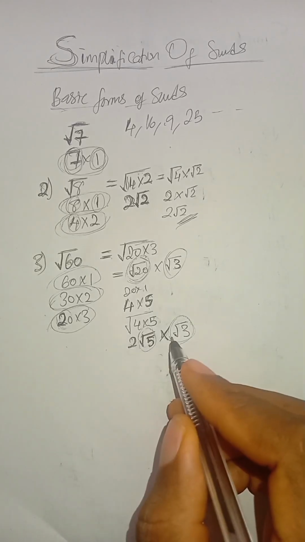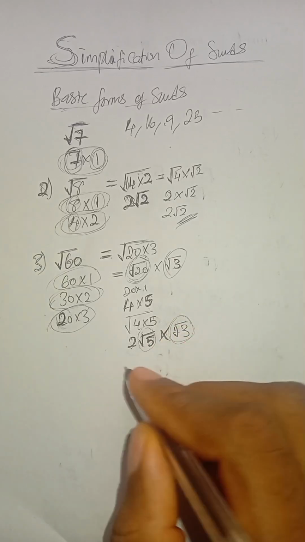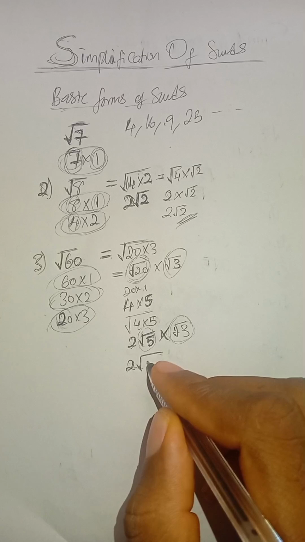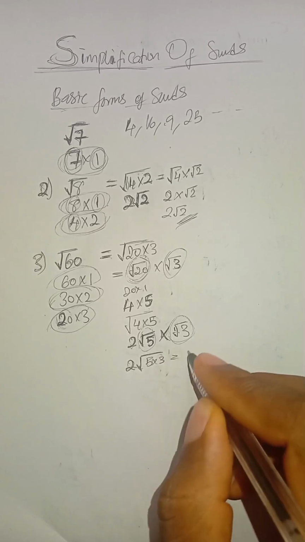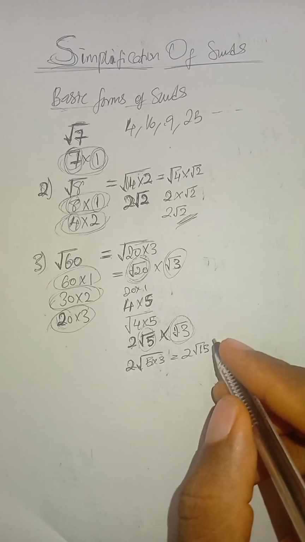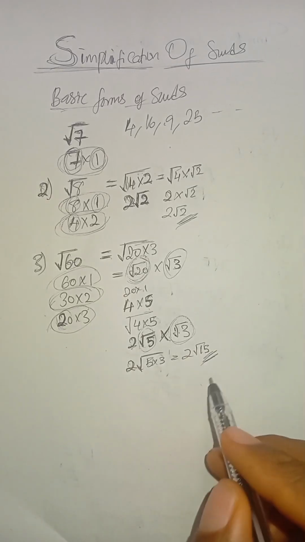So this is 2, multiplied by the invisible number here, which is 1. So 2 times 1 will give us 2. Root 5 times 3 is equal to 2 root 5 times 3, which is 15, right? 5 times 3, 15, yeah. So this is our answer.